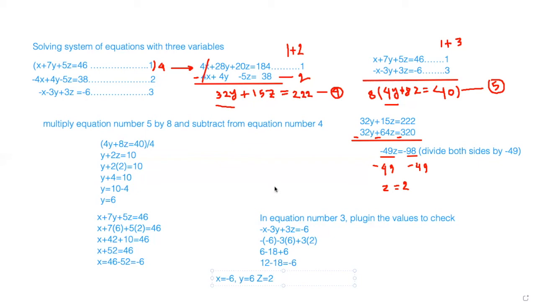So this is how you can solve systems of equations. It looks like a lot of work, but if you get used to doing it, always think of eliminating one variable by using two equations, from the three equations, and get two new equations, and then you can solve like this. Thank you.